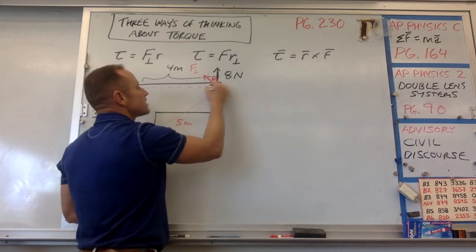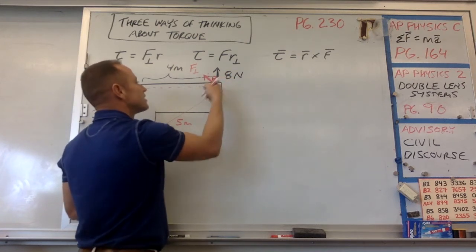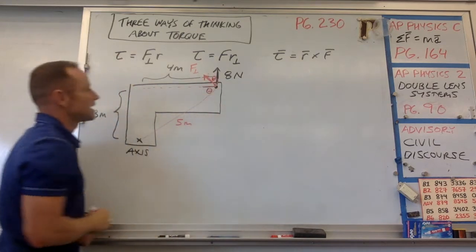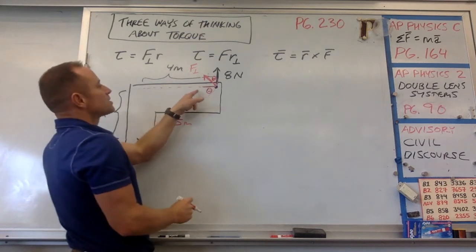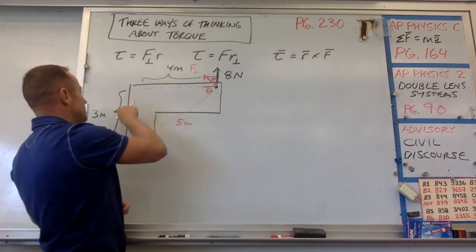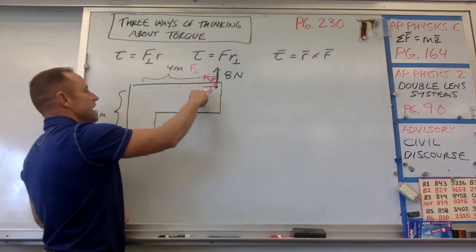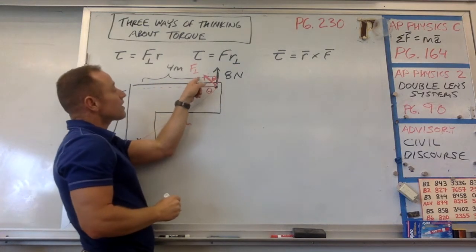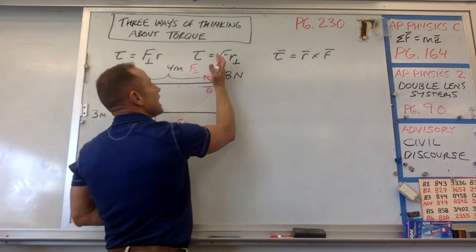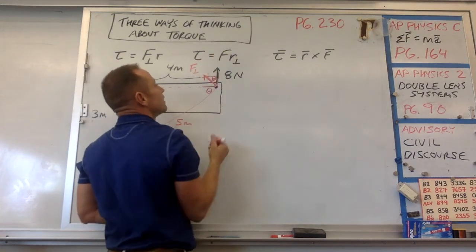And so that means that this one between the horizontal and here is also theta. So those two angles are the same. And in order to get this particular angle, you can see it's just this angle within a 3, 4, 5 triangle, okay? So this Fperp, you could see, would be 8 cosine of theta.